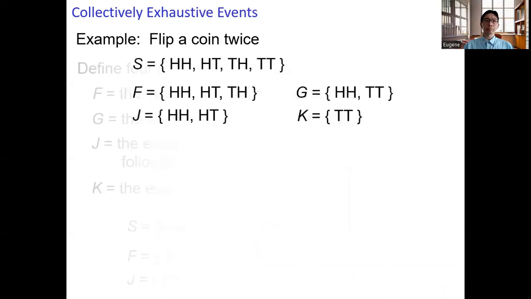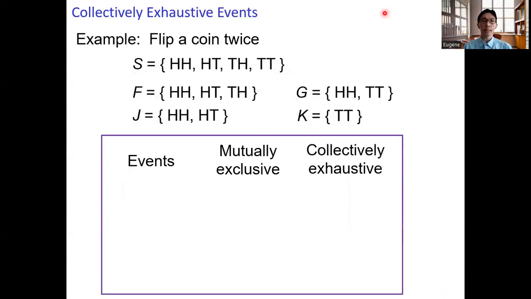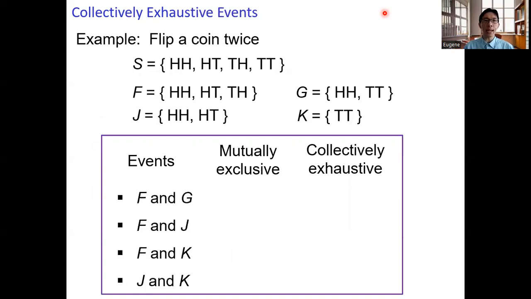Let's compare the events, and see whether they are mutually exclusive or collectively exhaustive. Let's take a look at events F and G. Are events F and G mutually exclusive? Are events F and G collectively exhaustive?